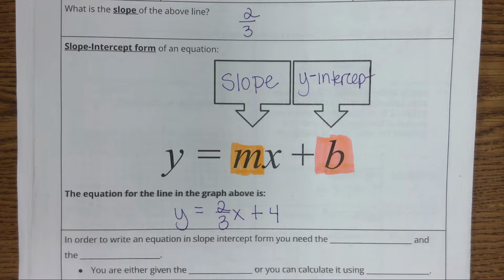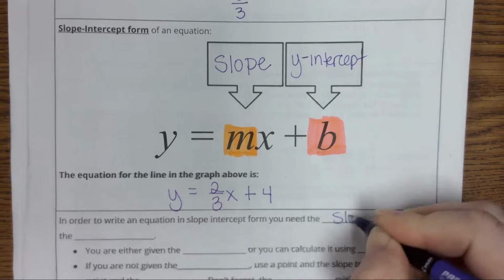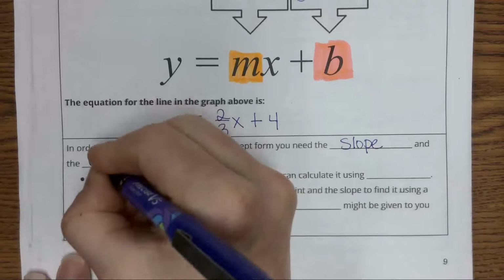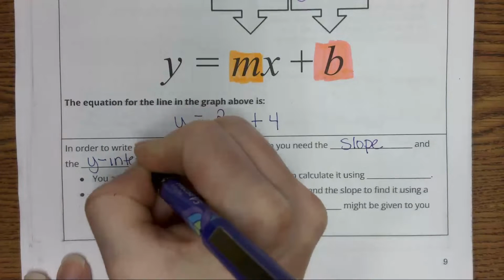Okay, so in order to write an equation in slope-intercept form, we need two things. You need the slope and the y-intercept.